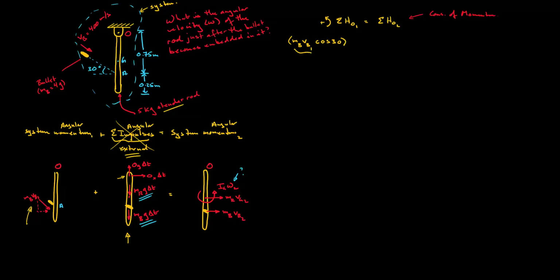If we wanted to call this P, it is the linear momentum of the bullet in the x direction. Okay? So this is a linear momentum in the x direction, but we're doing conservation of angular momentum. So we need to multiply this linear momentum by a moment arm. And that moment arm will be this one over here. So that will be 0.75.